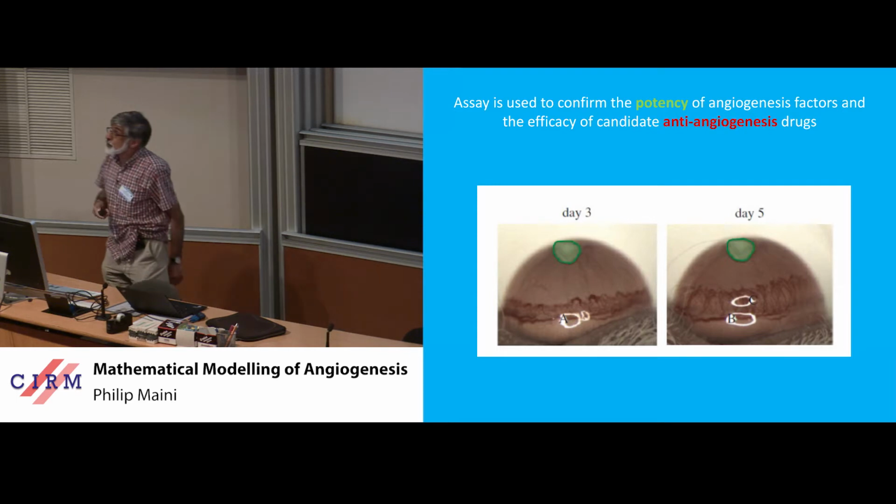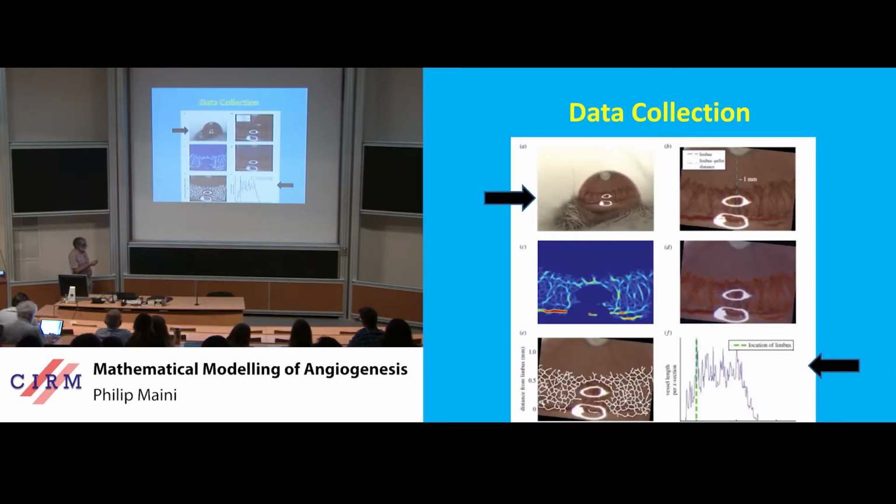So we want to do a mathematical model of this. The first thing we did was to get data, which is a bit of image analysis. So we take this here, image it, segment it, and then we end up getting a one-dimensional model.